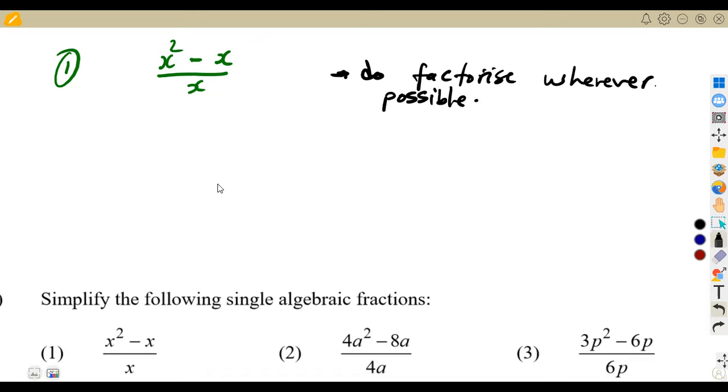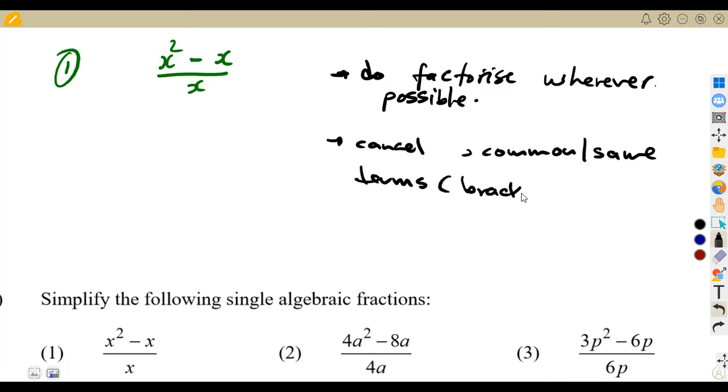Then you can cancel, as long as it is between the numerator and denominator. So you can cancel common or same terms. They can be terms. You can consider brackets. They can be the same terms that you have. They can be the same brackets.